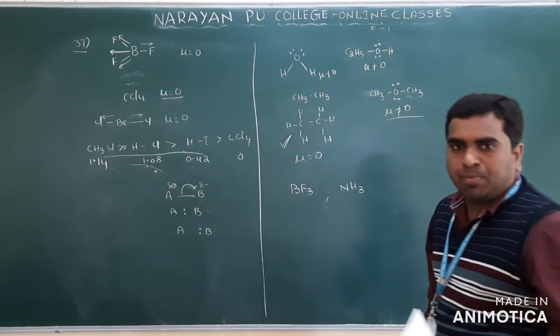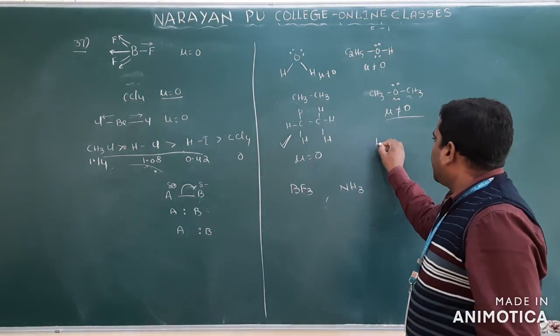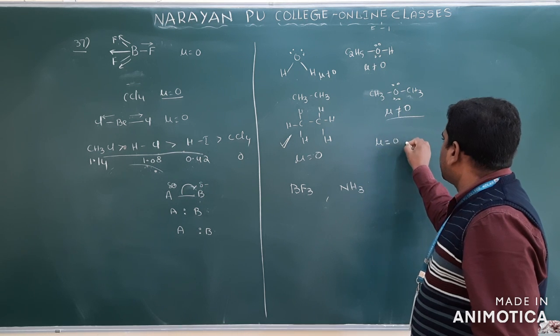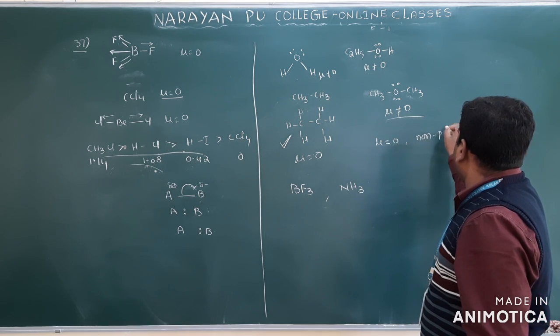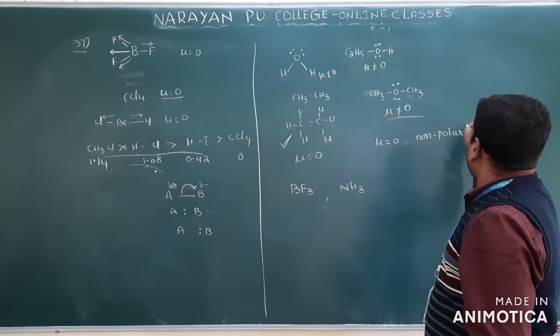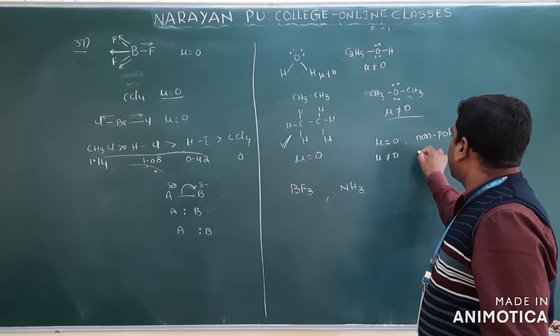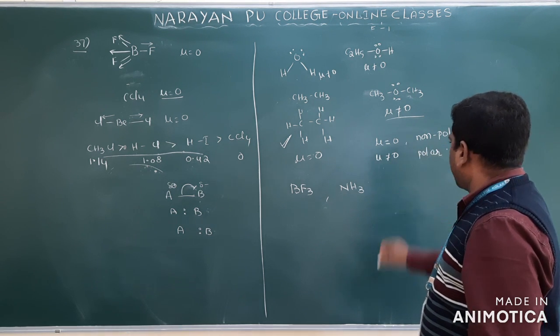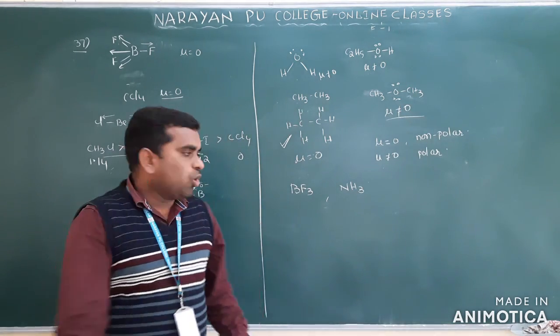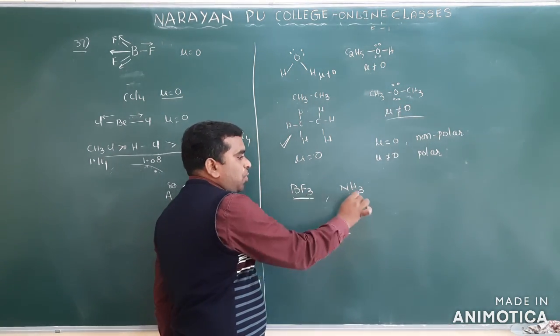I already mentioned previously: if dipole moment is equal to 0, we call that molecule non-polar, and if mu is not equal to 0, then we call those molecules polar. Clear? Both are covalent only, but this is non-polar, this is polar.